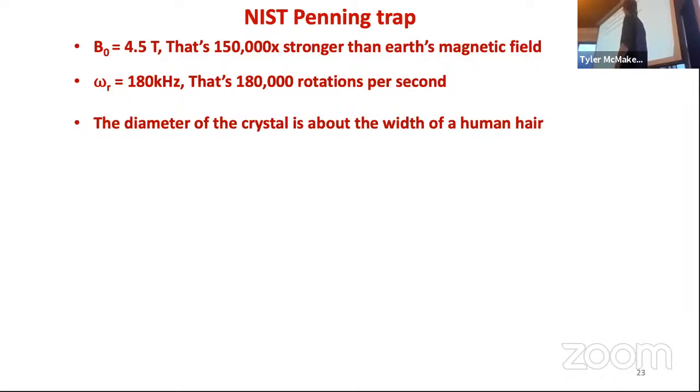And you're imagining this big superconducting magnet and this little 2 centimeter cylinder that slides down inside of it. In its core is a crystal which is about the width of your human hair. If you pull out your hair and look at it, it's about that wide.